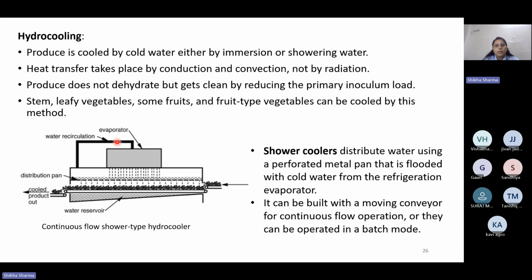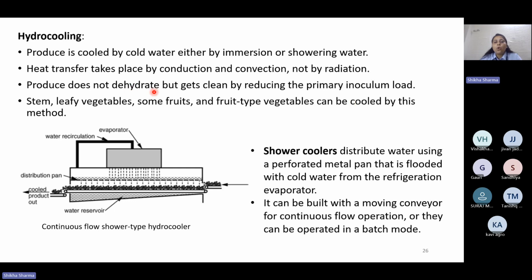So next is: produce does not dehydrate but gets clean by reducing the primary inoculum load. Due to hydrocooling, cleaning will happen, and the immersion or showering with water is not for a long time.